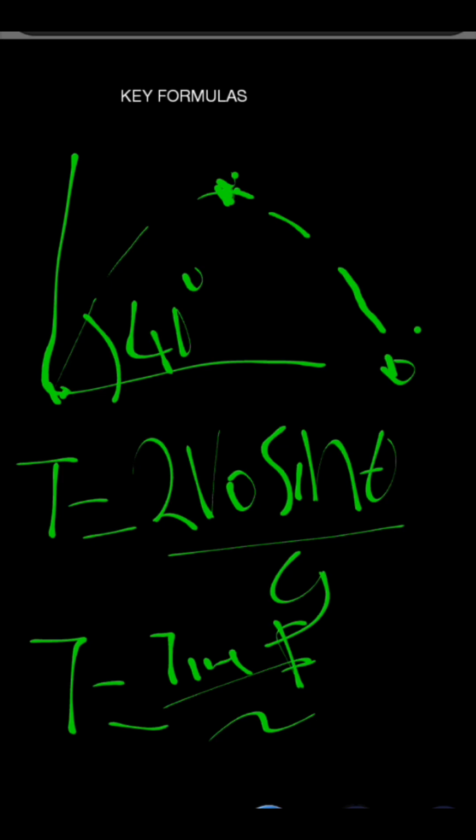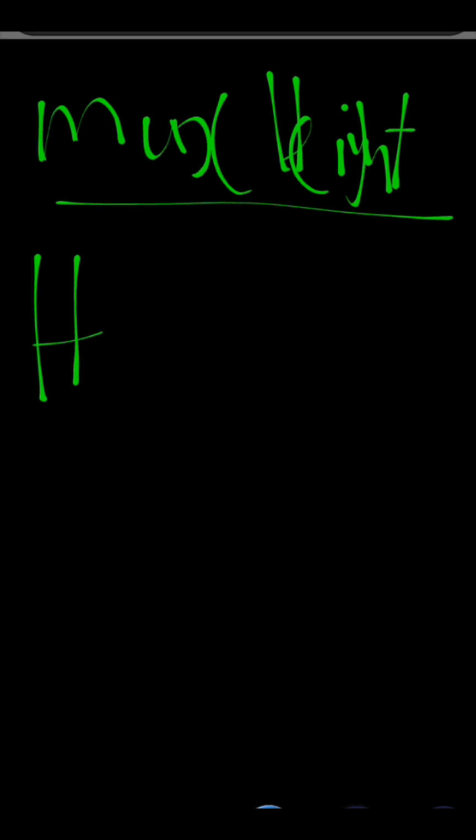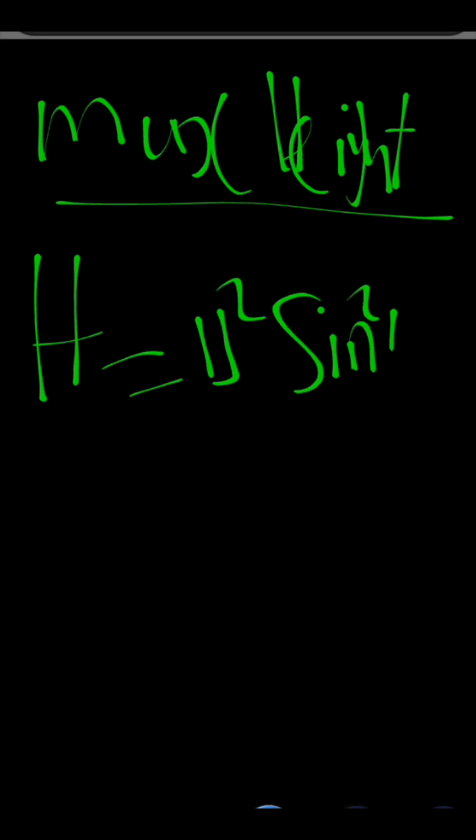Now what about maximum height? To calculate maximum height, you only need the initial speed squared times sine squared theta over 2g.